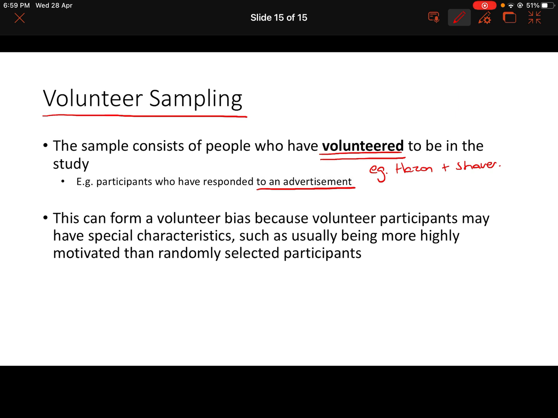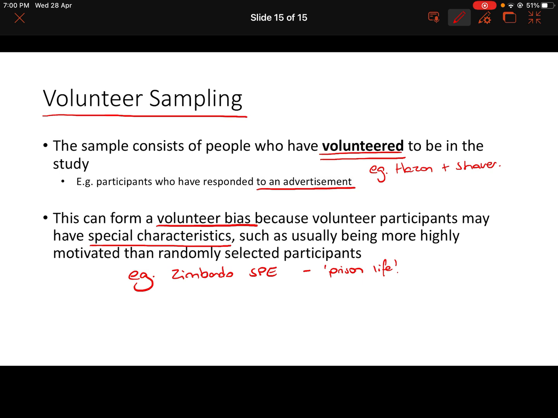What typically happens is that we end up here with some sort of volunteer bias. The types of people that are going to volunteer for a particular study might all share some unique characteristic that is not shared in the population. For example, in Zimbardo's Stanford Prison Experiment, we had volunteers who were responding to a study about prison life. We have to question, really, why did particular participants become interested in that study?